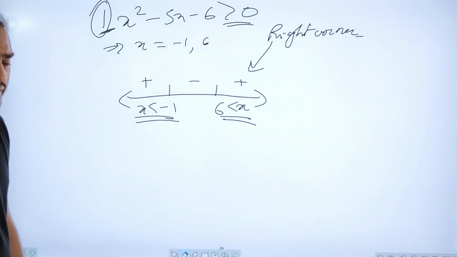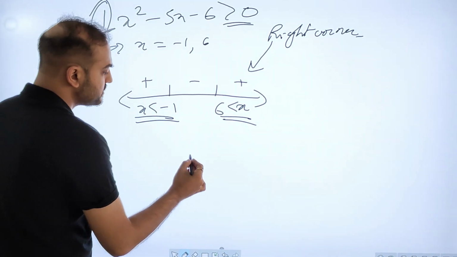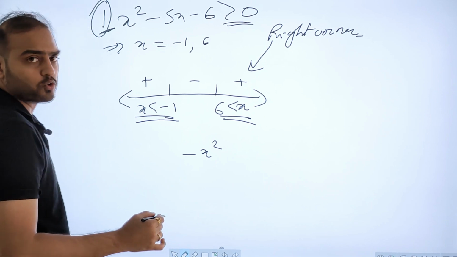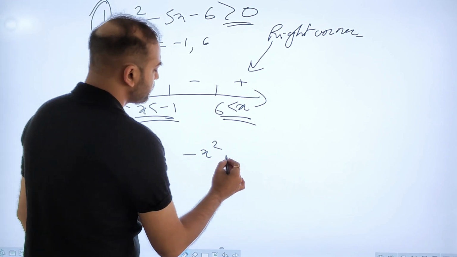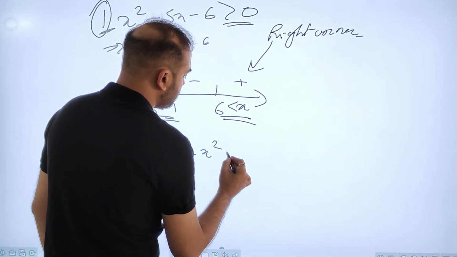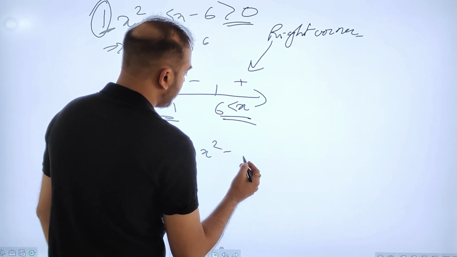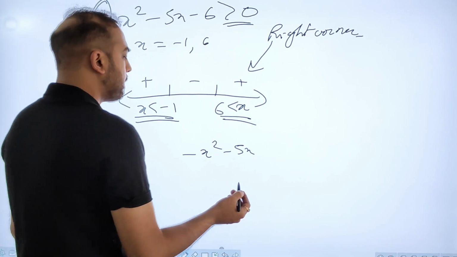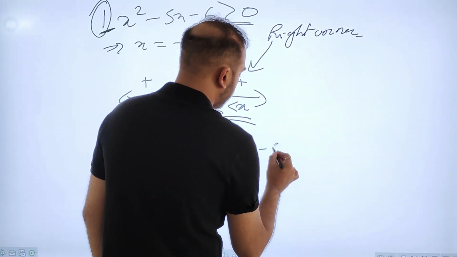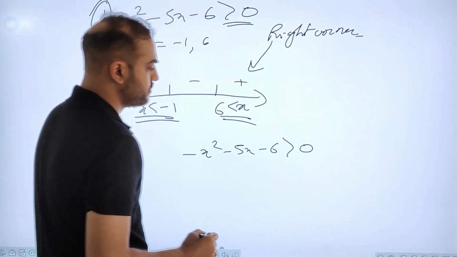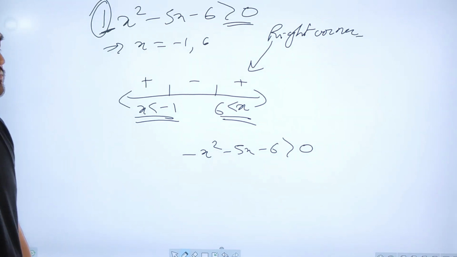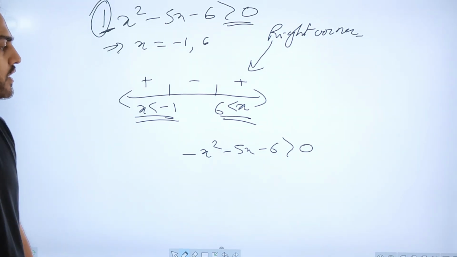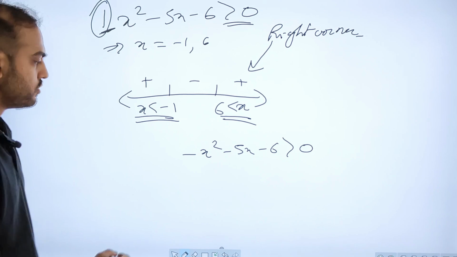Okay, let's look at a different question and apply the same thing. Say we have minus x square minus 5x minus 6 greater than 0.